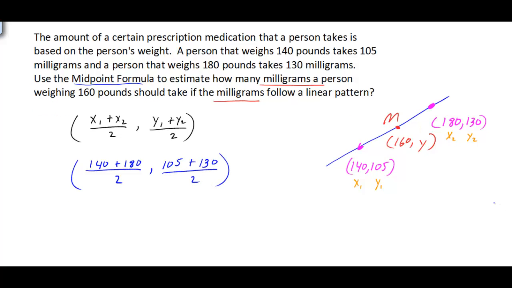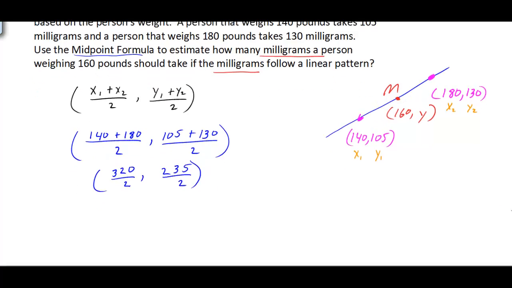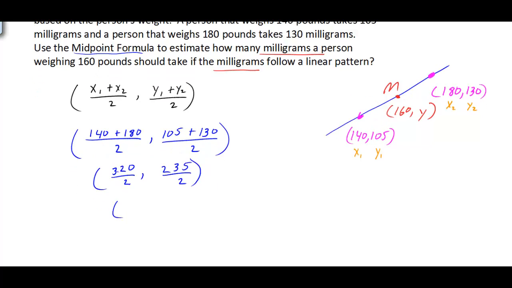If you simply do the calculations, we find that 140 plus 180 is 320 over 2, and 105 plus 130 is 235 over 2. We end up with 320 over 2 being 160, and 235 over 2 being 117.5.